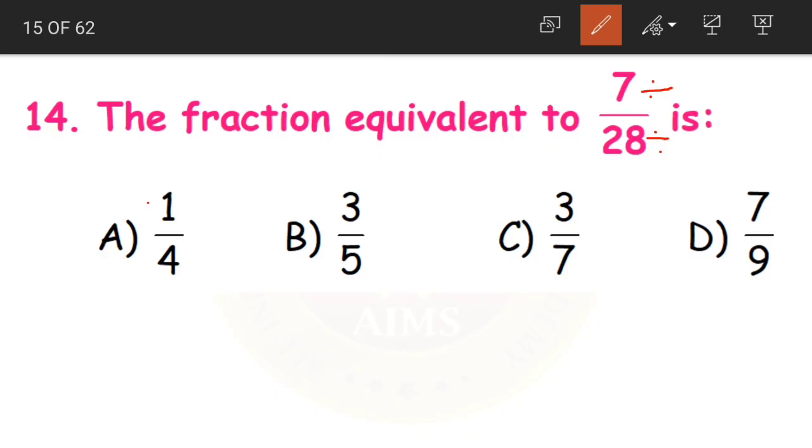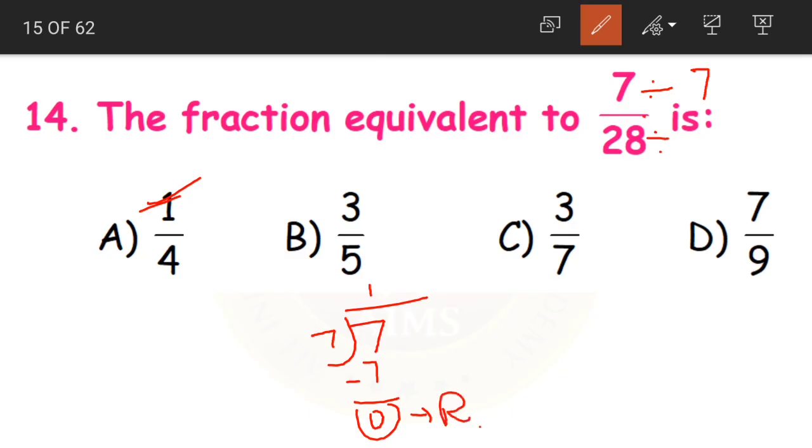Okay, now let us look at option A, 1. When will we get 1? When we divide 7 by 7. When we divide 7 by 7, we have 7 ones are 7 and the remainder is 0. So the quotient will be 1. And what should you do in equivalent fraction, children?